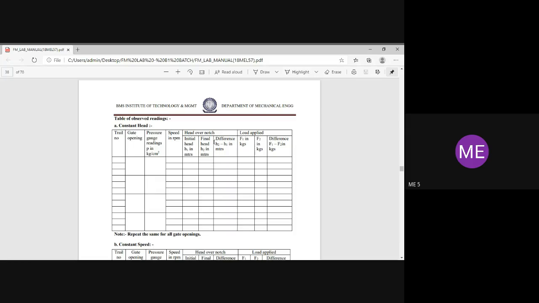Head over the notch: we studied the notch experiment. The main purpose of the notch is to find out the discharge of flowing water. That is the function of the notch. We're having the initial head in meters, final head in meters, and the difference H2 minus H1 in meters.